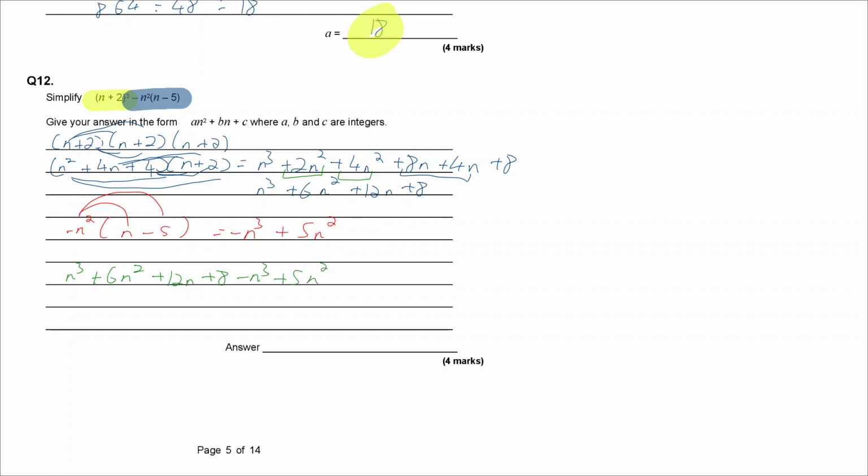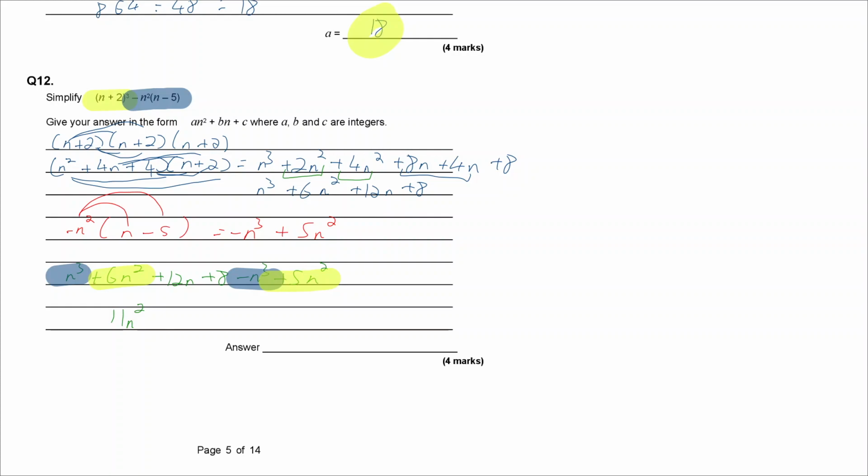Now, hopefully, things will cancel out a little bit here, and they do, because this n³ and this minus n³ will go to 0, as they're opposite signs. I've then got 6n² add 5n², sorry, that's going to be positive 11n².